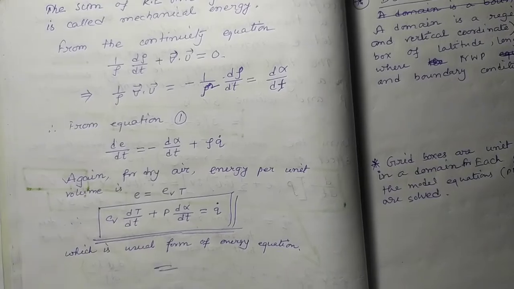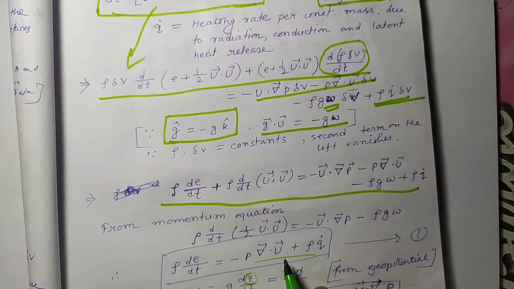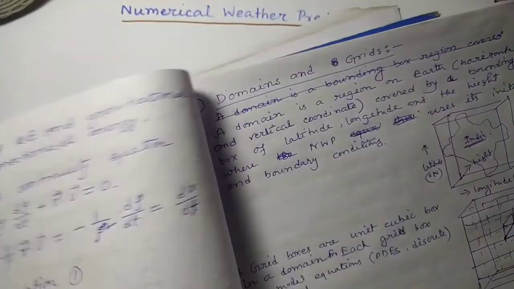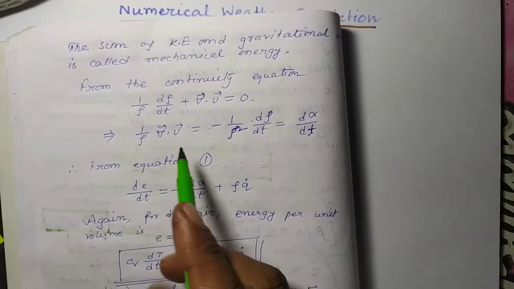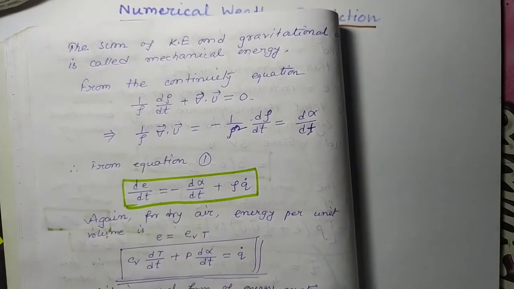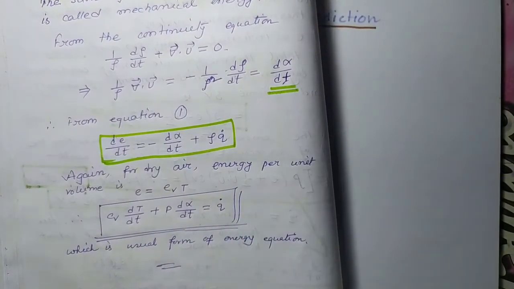Now from equation 1, rho dE/dt equals minus P grad U plus rho Q dot. From this equation, we can write dE/dt equals minus P d alpha/dt plus Q dot, because the first term equals minus P d alpha/dt.